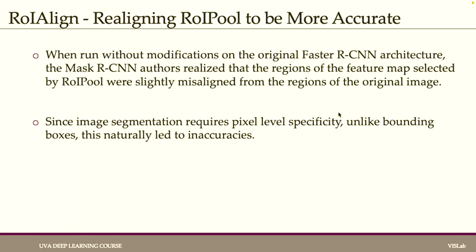So, for example, say your feature was a 5 by 5 grid or something like that, and your region proposal network said, oh, I believe there's a bounding box here. Obviously these are not exact, or in the case if we're talking about centers, let's say it said we're here.